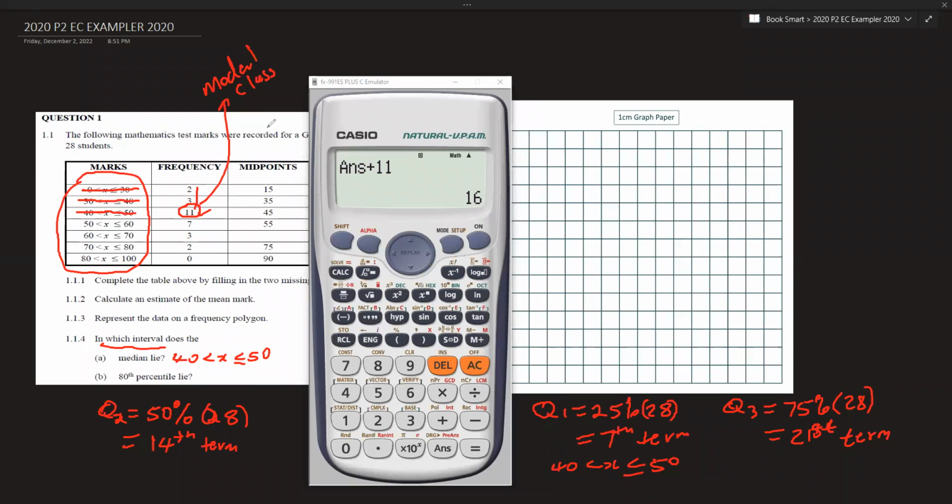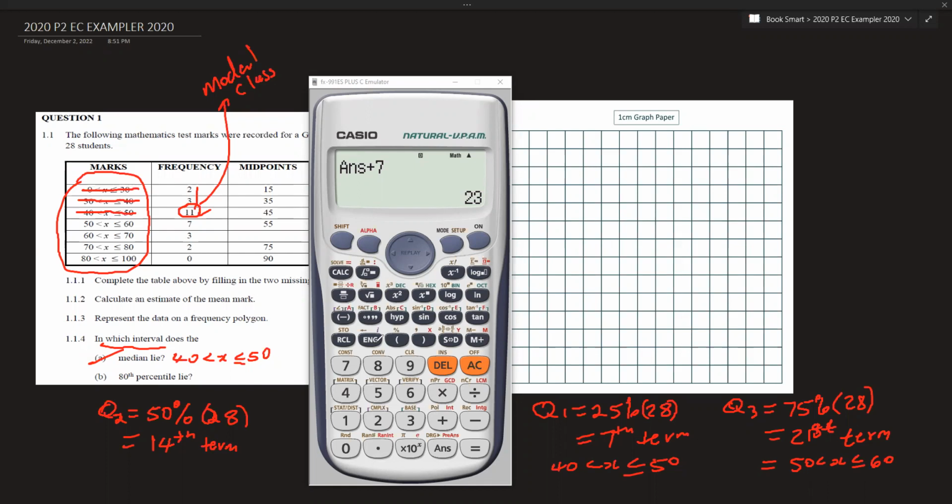Now I have to add the 7. 7 gives me 23. This is the first interval to be bigger than 21. Does that make sense? So it means my Q3 is in this interval here. Okay, perfect. So my Q3 will be in that interval, which is 50, x, then 60. Awesome. Then we're done with this question.